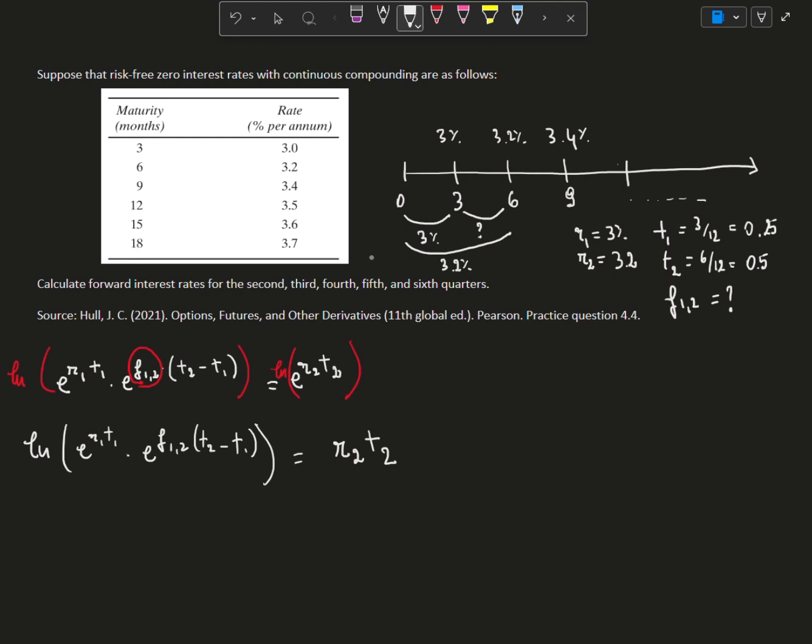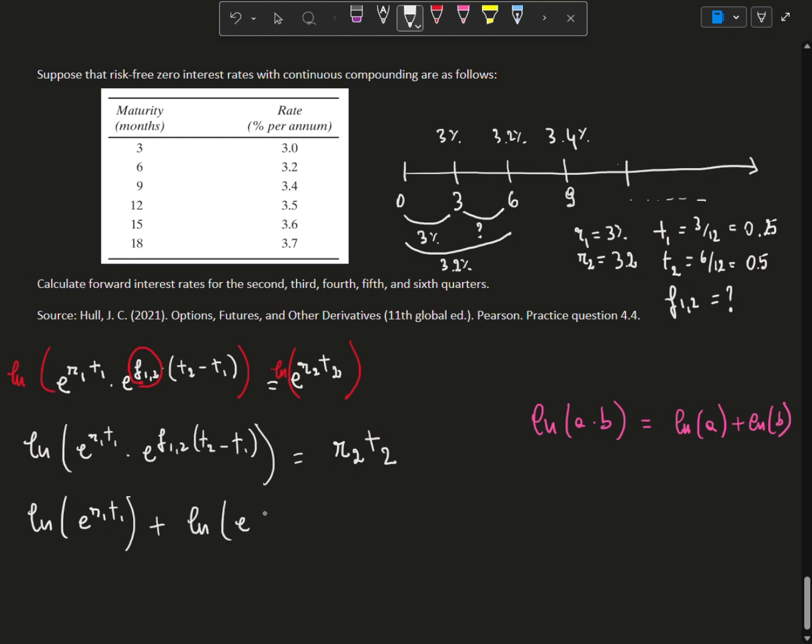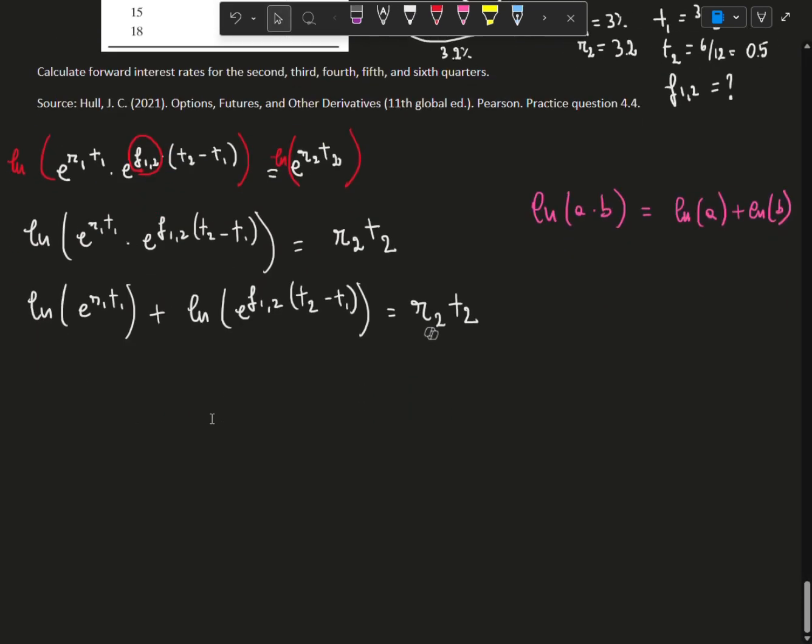We know that the ln of A times B is also equal to the ln of A plus the ln of B, so we can rewrite this as the ln of e to the R1 T1 plus the ln of e to the F12 times T2 minus T1 equal to R2 T2.